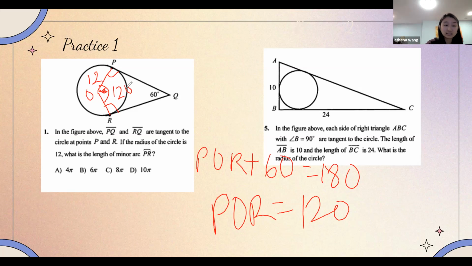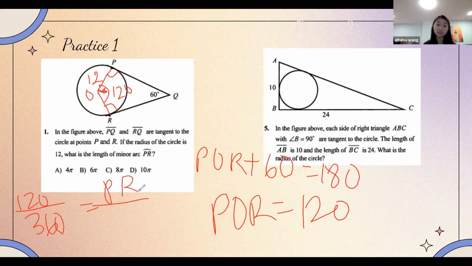So in this case, this would be 120 over 360 is also equal to the length of our PR over the circumference of the circle. And since our radius was 12, we know that our circumference of the circle is 2 times 12 times pi. So we have 24 pi.